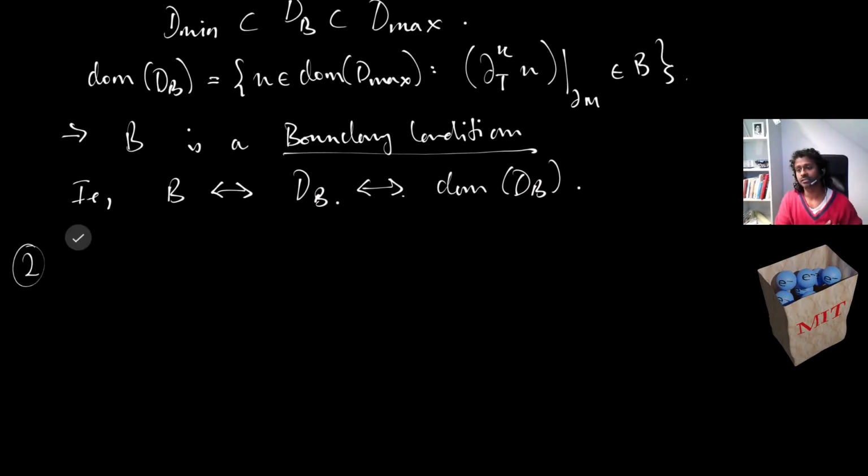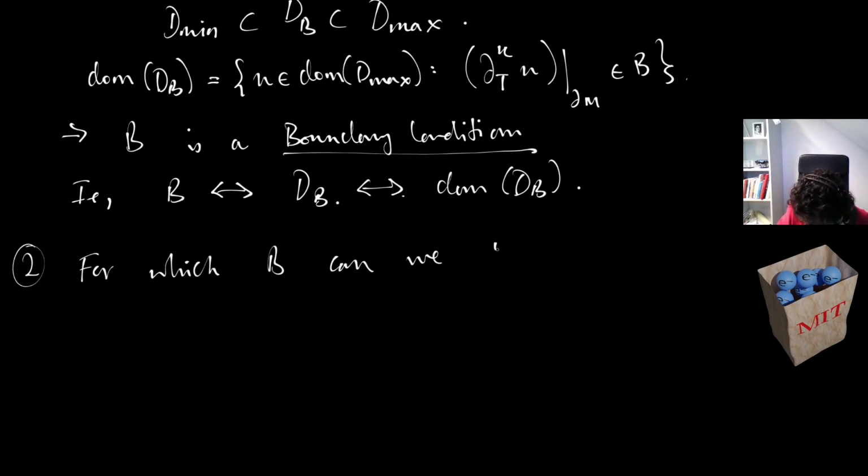And in this lecture course, I'm not really going to worry about this second part, right? So for which B can we invert dB, right? So if we can somehow invert this operator, then it means we can solve the problem, right, that we're given.